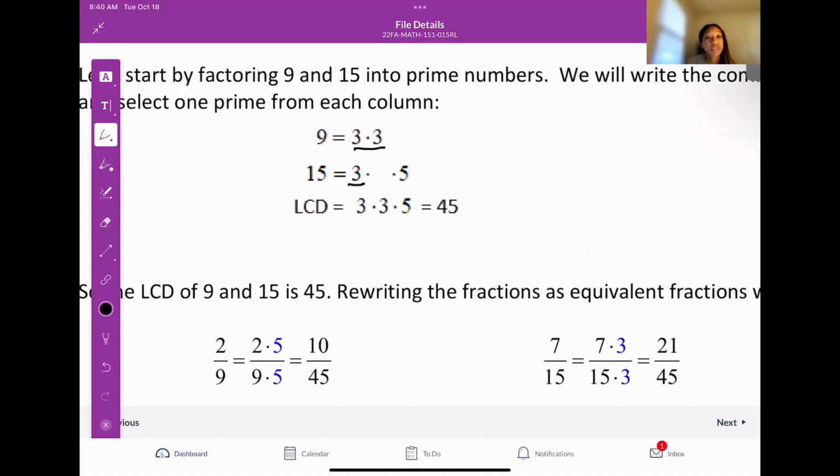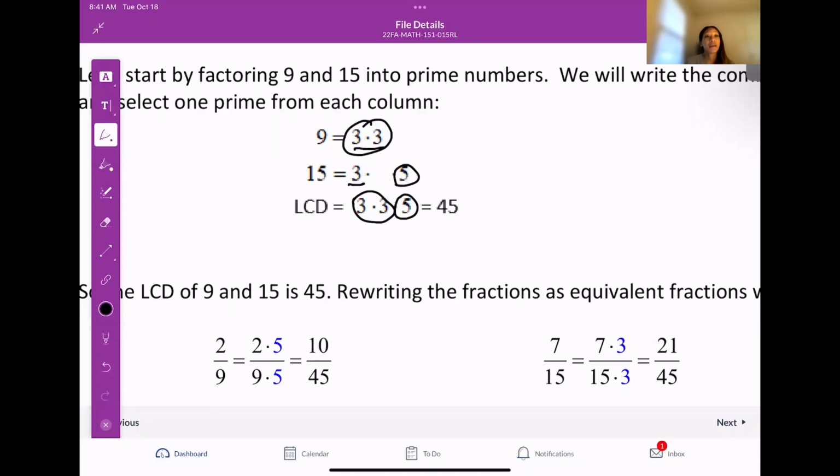In order for a number to be a multiple of 9 and 15, it has to have at least 2 3s because 9 needs 2 3s. So the LCD has 2 3s, okay? What about 5s? 9 doesn't have a factor of 5 at all, but 15 has a 5. So it has to have at least 1 5. When you multiply those all together, you get 3 times 3 times 5, which is 45.